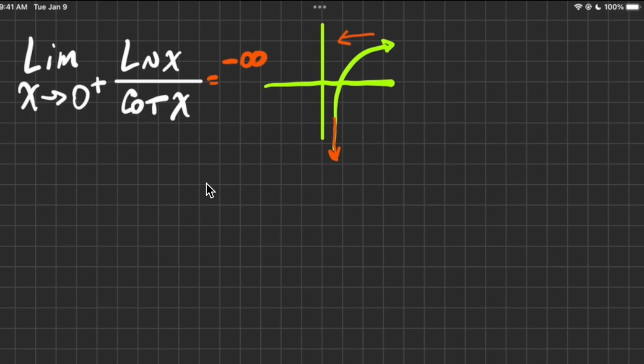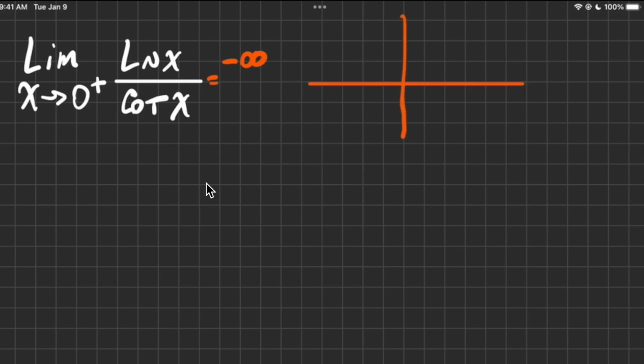Now, let's look at the cotangent function. The cotangent function, unlike sine and cosine, has a period of pi, and it's off-centered, and it's a decreasing function.